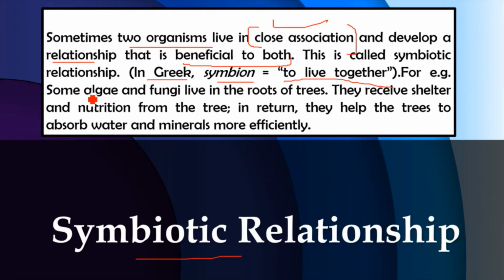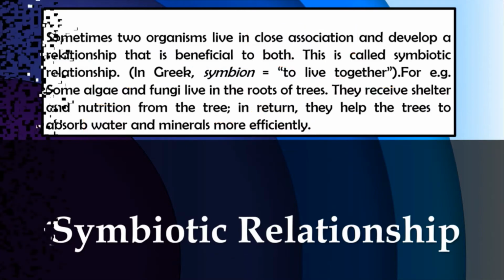For example, some algae and fungi live in the roots of the trees, and they receive the shelter and nutrition from the tree. In return, they help trees to absorb water and minerals, because the algae comes in the monsoon season only. So it absorbs water more efficiently because of algae. So this association is beneficial for both the organisms.